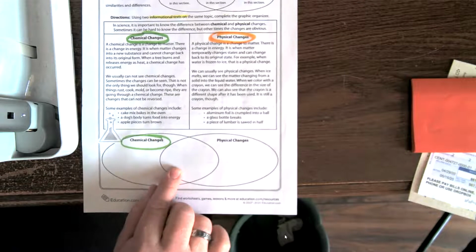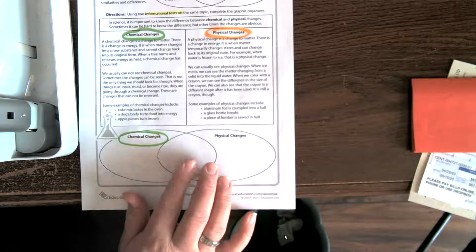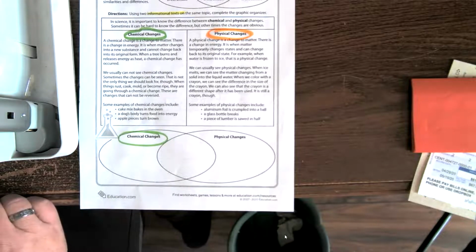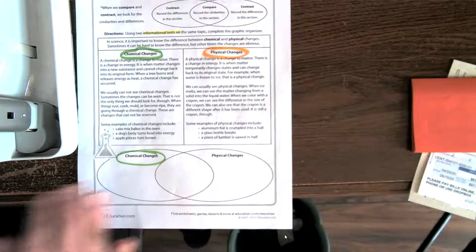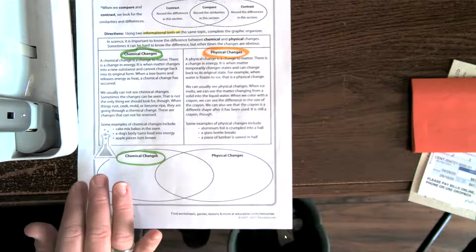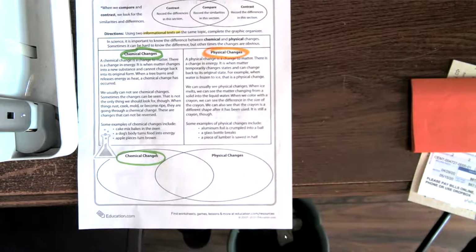When you are done, I will have your teachers upload a key to this worksheet where you can check it. This is really important that you understand chemical and physical change, because we're going to get ready to do our own experiment. All right, see you later, science friends.